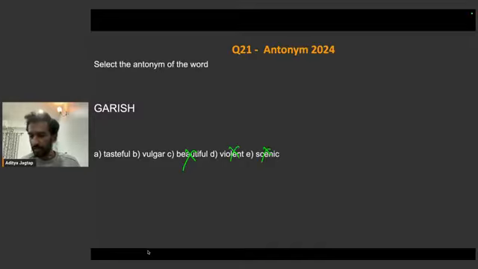Violent and scenic don't apply. So garish doesn't apply to scenes, although you can maybe rarely speak of paintings, but garish could apply to beauty standards in general. But what it applies to really is taste. How is someone's taste? How are someone's decisions about style?